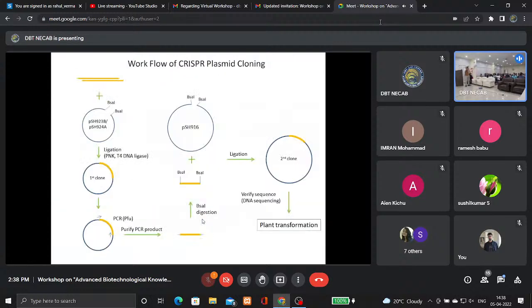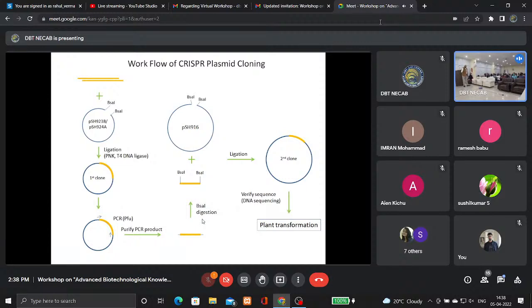So what is the flow chart? We have designed a guide RNA, and it already has an overhang with the adapter. We need to use adapters to clone our guide RNA into the first pSH91 expression vectors.